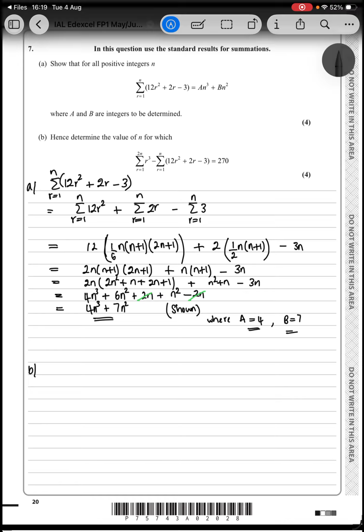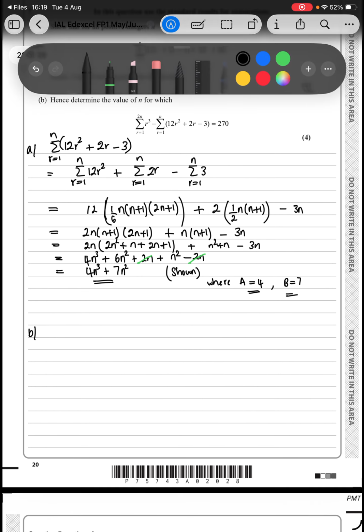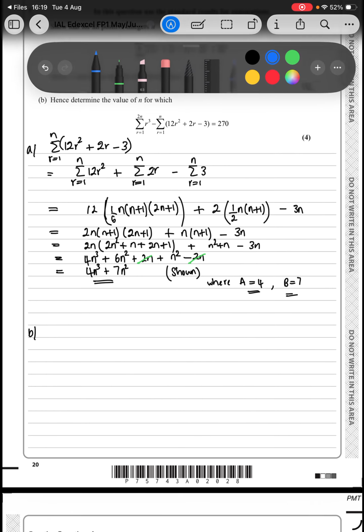Right. So we do know the formula of the summation of the r cubed from r equals 1 to n from the formula booklet as 1 over 4 times n squared times n plus 1 whole thing squared. So let me write that down in another color.